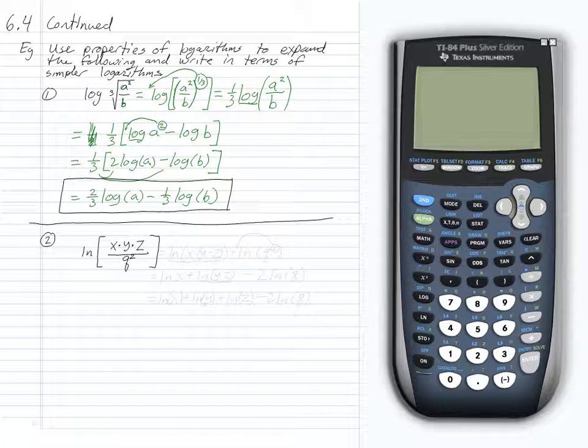We can perform the same task with this second logarithm, in this case the natural log. Now, first and foremost, what is inside the parentheses of this logarithm, what is inside the argument, is a quotient. I would begin by breaking this apart as the difference of the natural log of the numerator, x times y times z, and the natural log of the denominator, q squared.